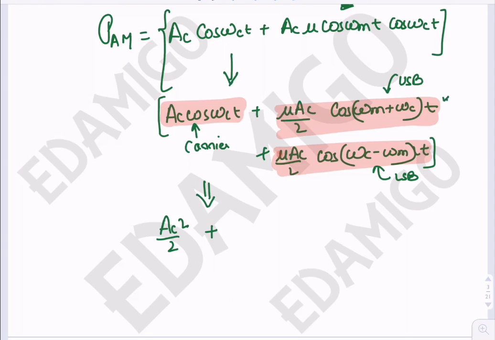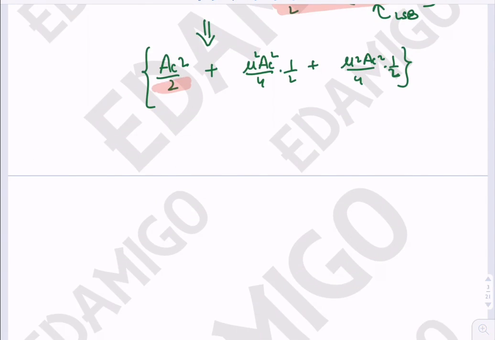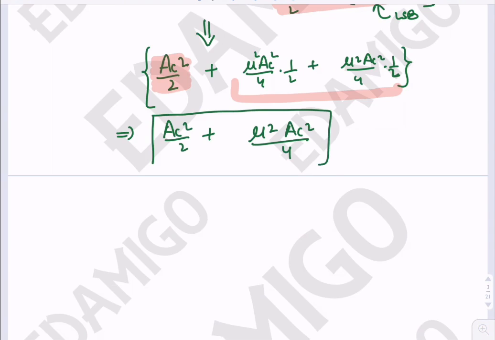The power of each sideband signal will be mu square AC square by 4 into 1 by 2. Now this is the carrier power and this is the power in the sideband. So the total can be written as AC square by 2 plus mu square AC square by 4. Okay, so this is the power of the AM signal.